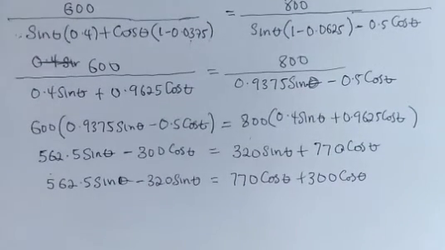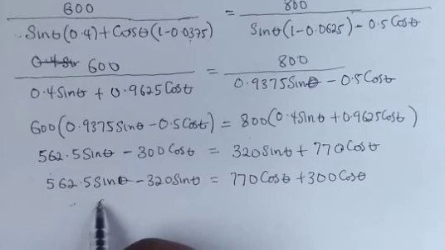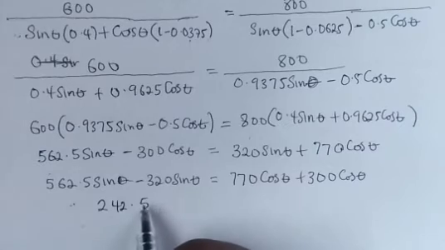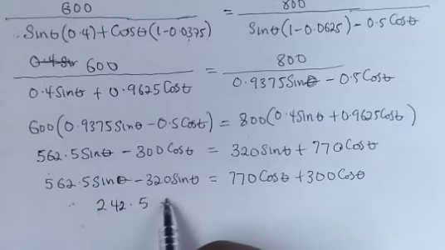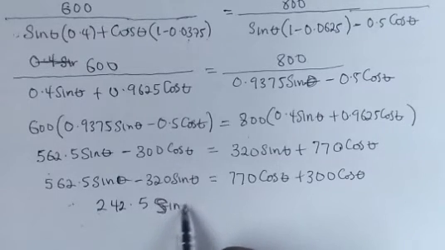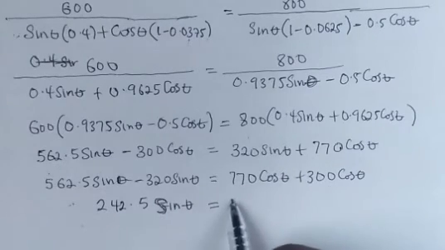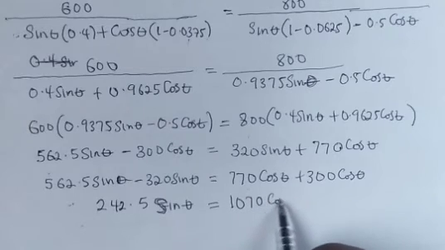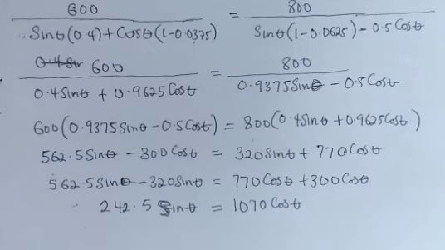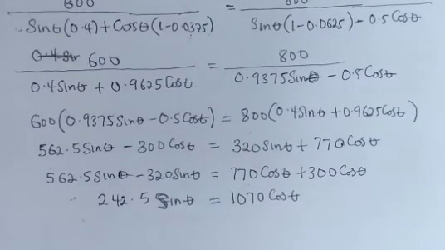So this will now give us 562.5 minus 320, which gives 242.5 sine theta equals 770 plus 300, which gives 1070 cos theta.